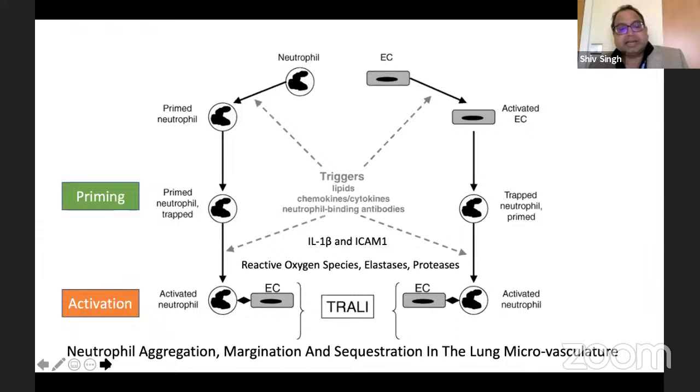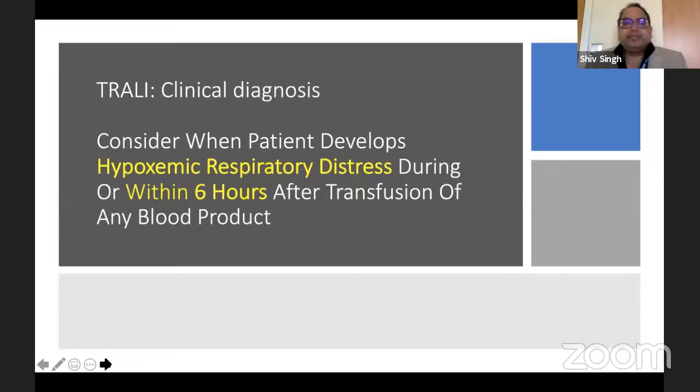And ultimately, there is activation of neutrophils, which releases very reactive substances like reactive oxygen species, elastases, proteases, as well as interleukin 1 beta and ICAM1, which cause aggregation, margination, and sequestration of these neutrophils in the lung microvasculature, and leakiness.